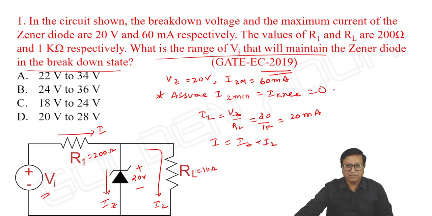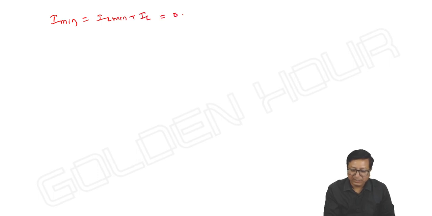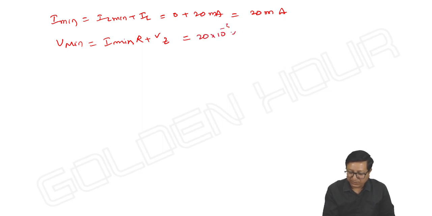And I minimum is equal to Iz minimum plus IL. It is 0 plus 20 milliamperes, so 20 milliamperes. So V minimum is equal to I minimum into R plus Vz. It is 20 milli into 200 plus 20, which is equal to 24 volts.